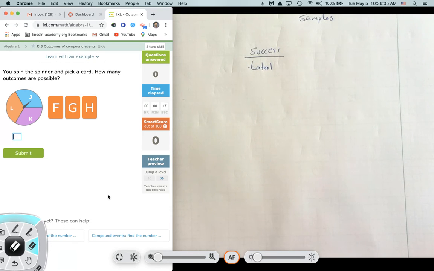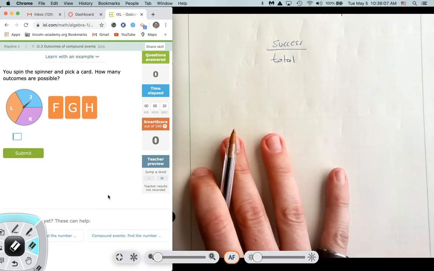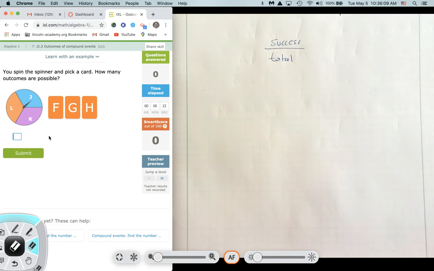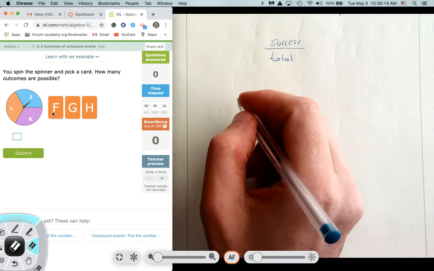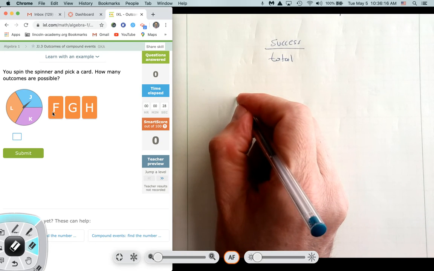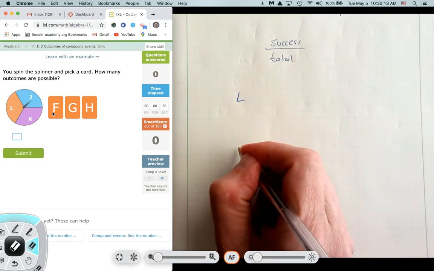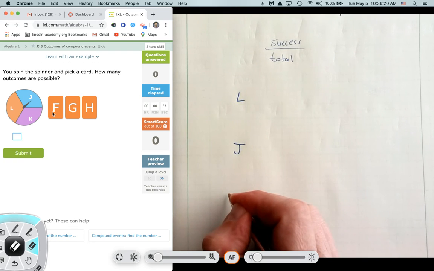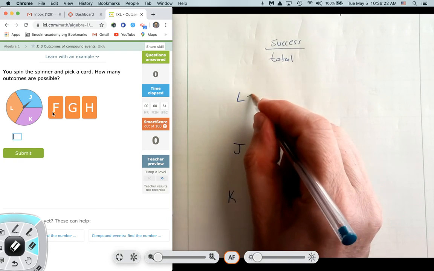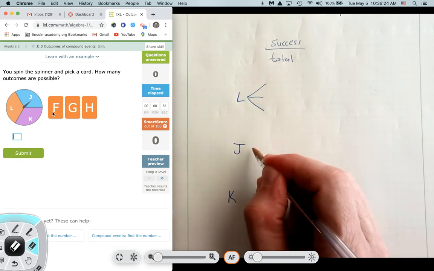A tree diagram means you take the 2 things that we're doing. We're spinning this spinner and we're picking a card. So when we spin the spinner, we can either get an L, a J, or a K. From there, we move to the next probability.